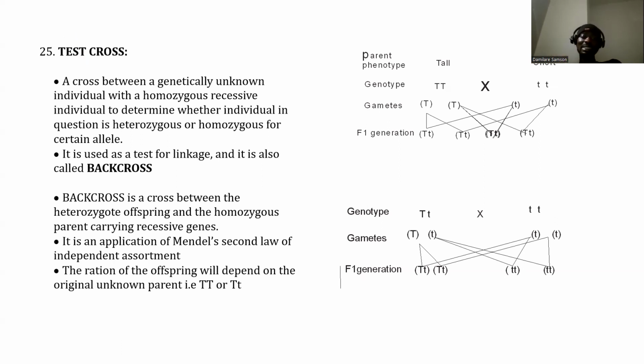So you are crossing a genetically unknown individual with a homozygous recessive individual. It will always be a homozygous recessive individual. Remember, we say it is a test. Why are we testing it?